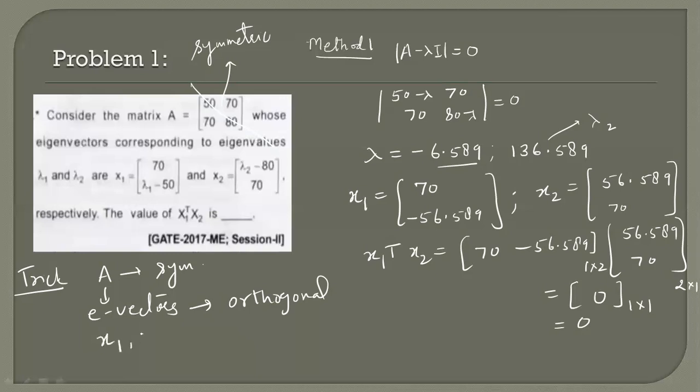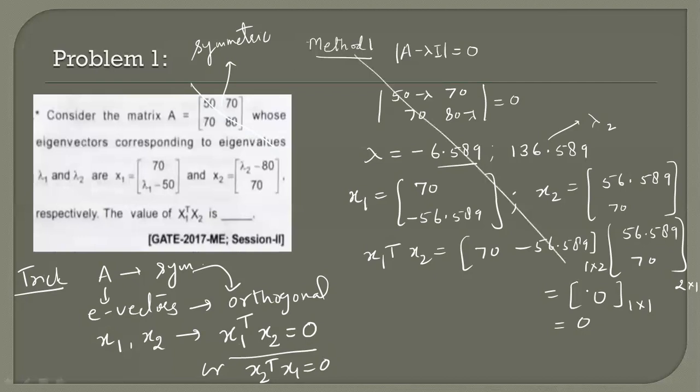If x1, x2 are two eigenvectors, then their orthogonality is defined as x1 transpose x2 equal to 0. If this product is 0, then the eigenvectors are orthogonal. Here the matrix is symmetric, so the vectors will be orthogonal. It means x1 transpose x2 will be 0, or x2 transpose x1 equal to 0. So we can use that remark and there is no need to do this much calculation.